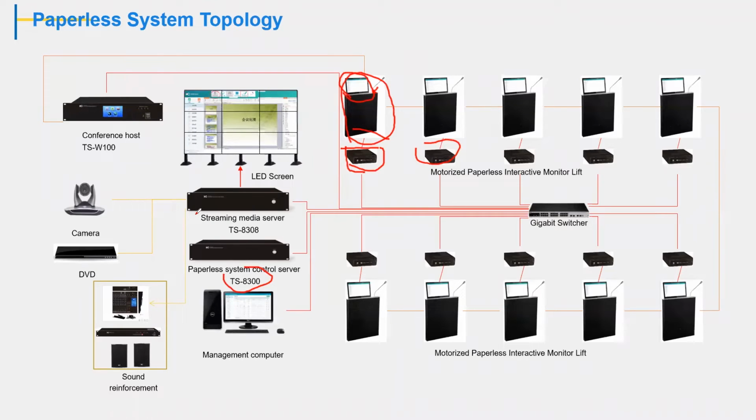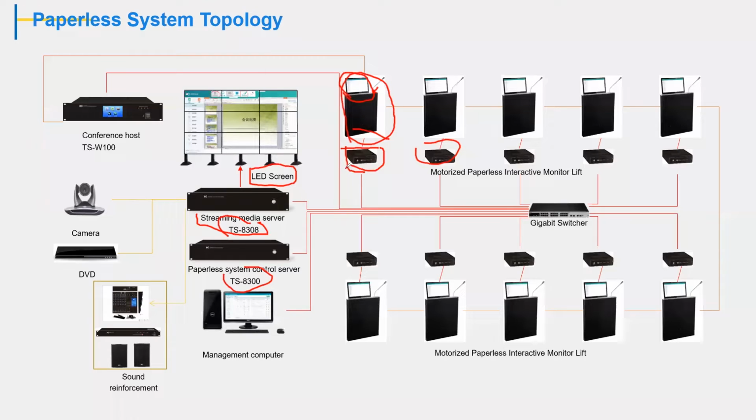And next, we have the streaming media server, TS-A30A. This is a streaming server that shares all the video and audio to the large LED screen or LCD screen wall. The system connection is not very hard.